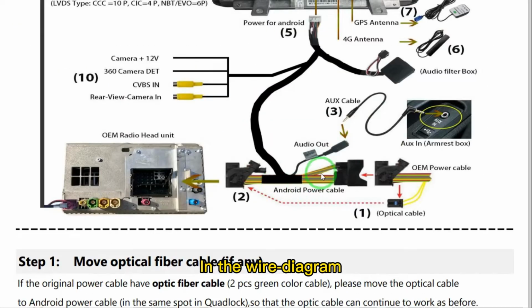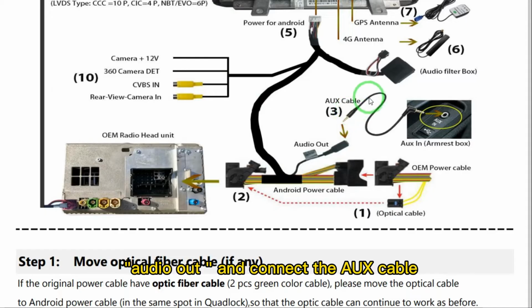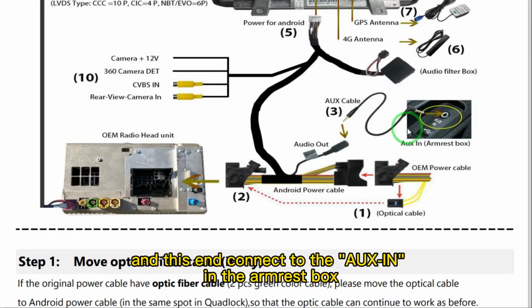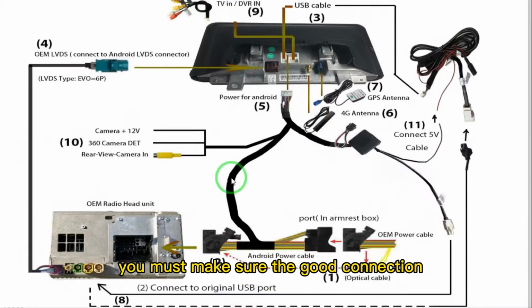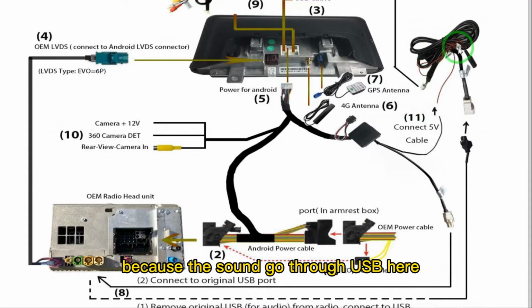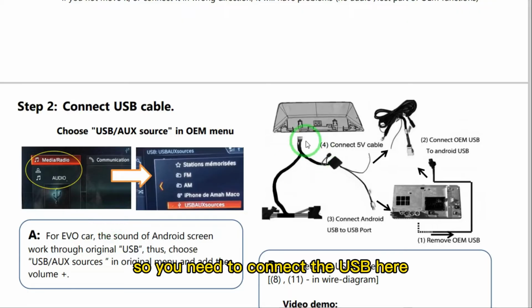In the wiring diagram, you can see the audio out connects to the AUX cable, and this end connects to the AUX in the armrest. You must make sure the connection is good. For the EVO car, because the sound goes through USB, you need to connect the USB here.